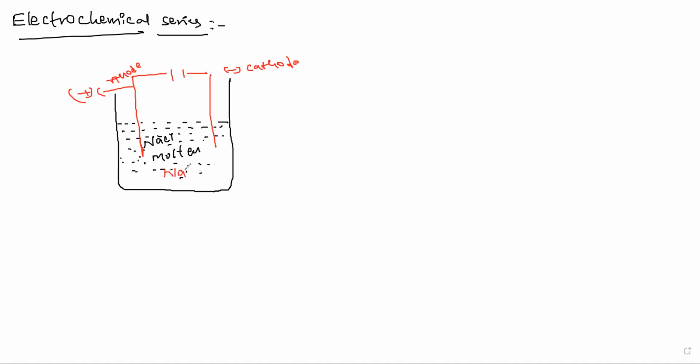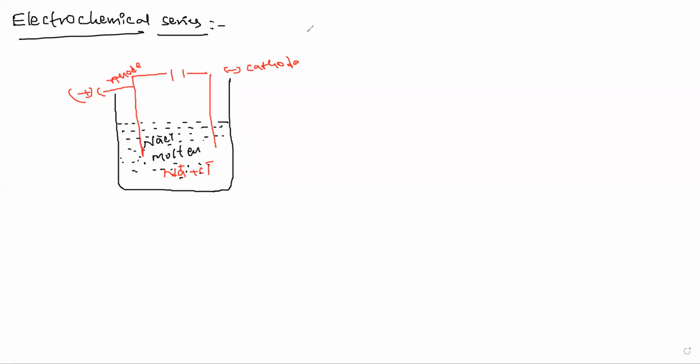NaCl splits as Na plus and Cl minus in the presence of electricity. Why? Because molten NaCl is a good conductor, a good electrolyte. An electrolyte is one which undergoes decomposition in the presence of electricity.